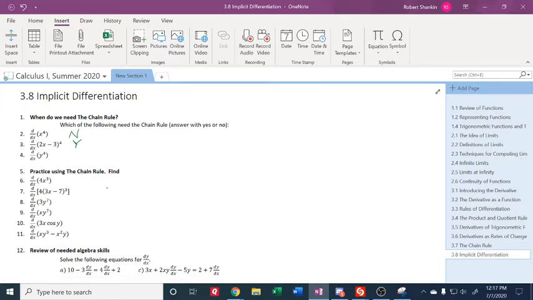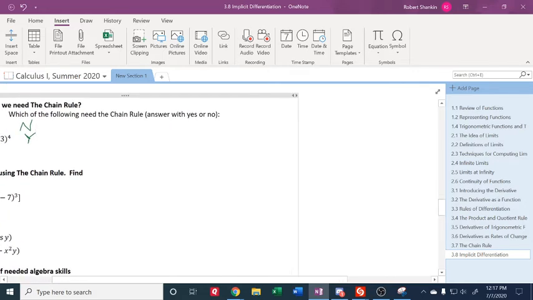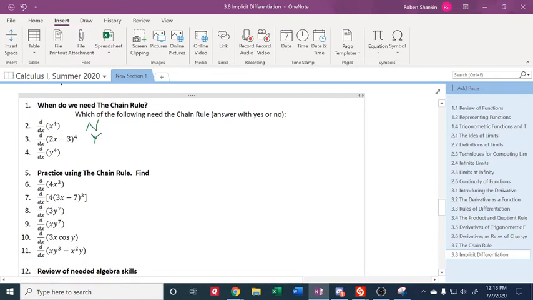And the reason why you need the chain rule on number 3, but you don't need it on number 2, is because, let me blow this up. When this letter right here exactly matches this one, when they're an exact match, you don't need the chain rule. You're taking the derivative with respect to x, and then to x, something's happening.